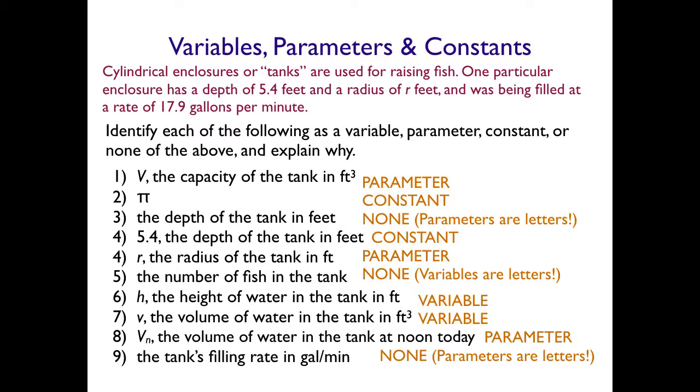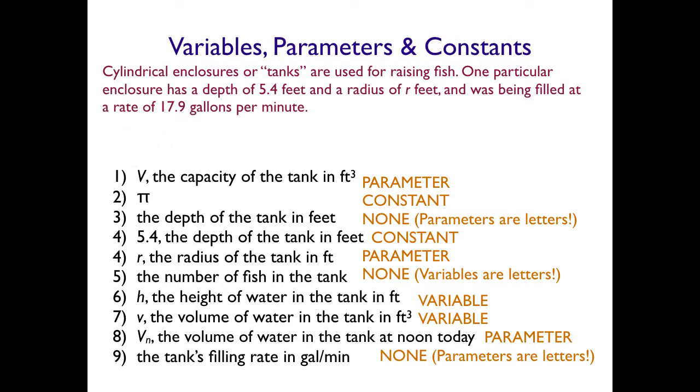So if I had a symbol representing the depth of the tank, that symbol could take on a variety of values. But since I have a number, just 5.4, representing the value of the depth of the tank, that 5.4 is one specific number, and 5.4 can't change. I can put in a different number instead of it, but 5.4 itself is a constant.